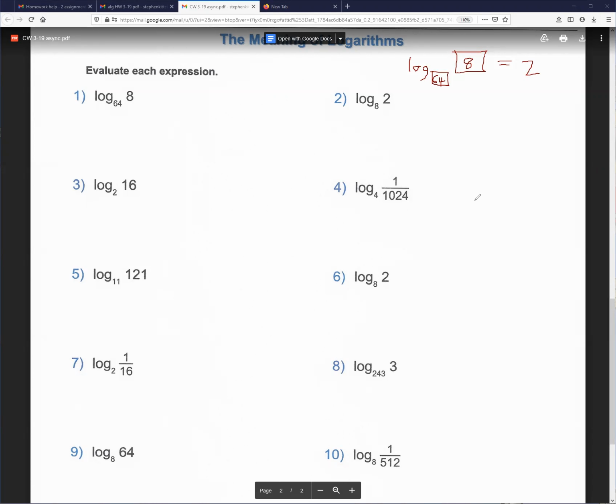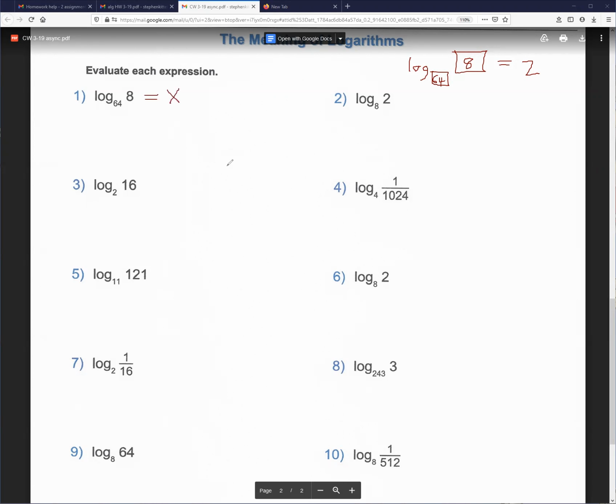What is important here, you'll notice that the title of this sheet is the meaning of logarithms. So the intent here is to do these without the calculator, or at least not using the log feature on the calculator. So we don't know what this is equal to, so let's just give it a name.